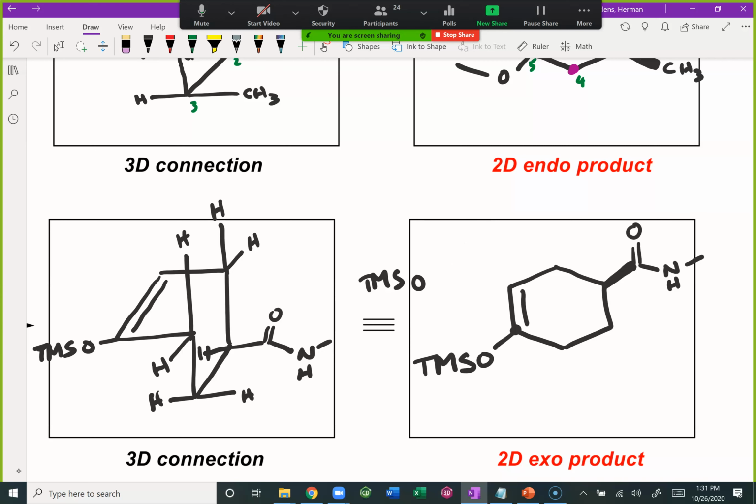Now, in the past, I've had students that have done this, and this is annoying to me. Or this, doing this. That is annoying too, because there's no chirality there.